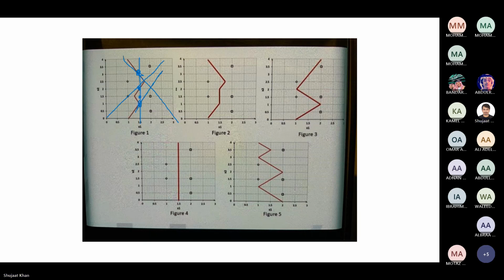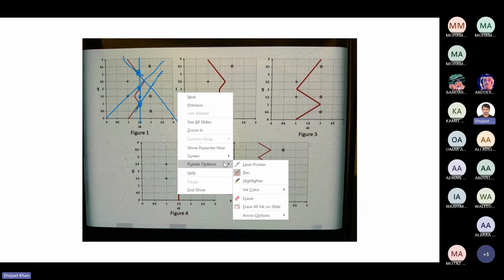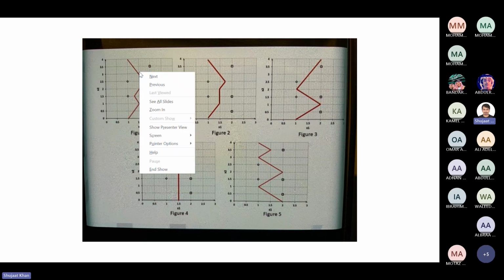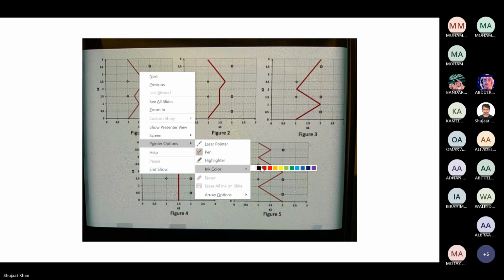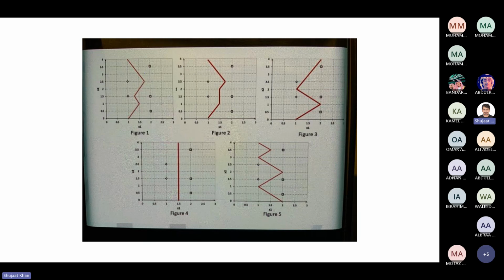Let me show it again, with different colors. Let's start with the purple color. So this is class A, this is class B, the square and diamond.